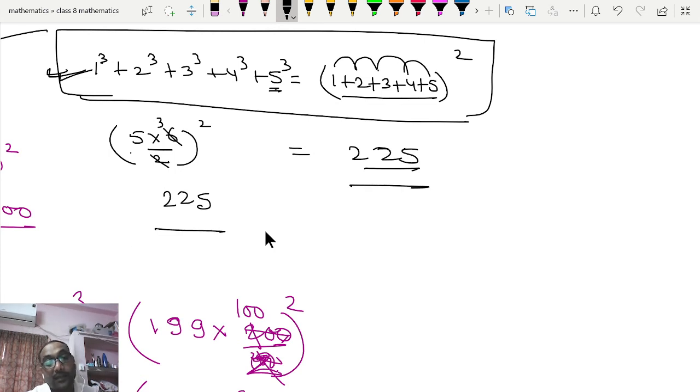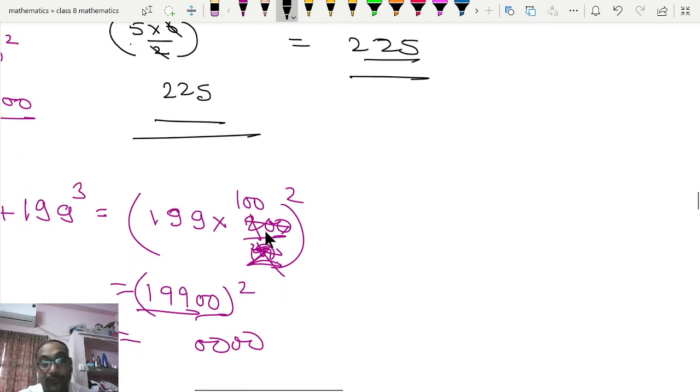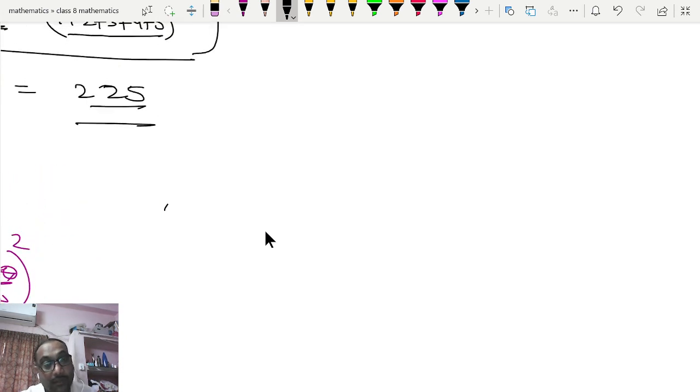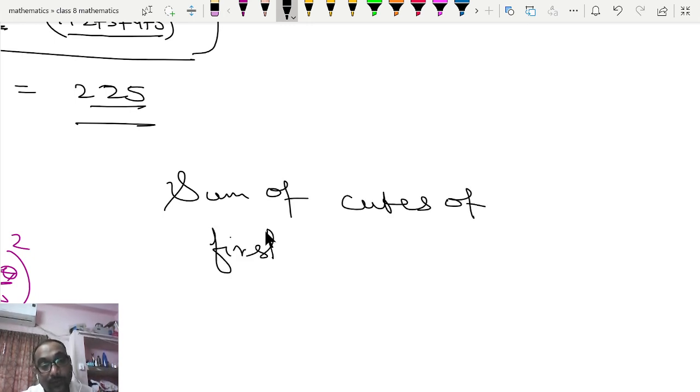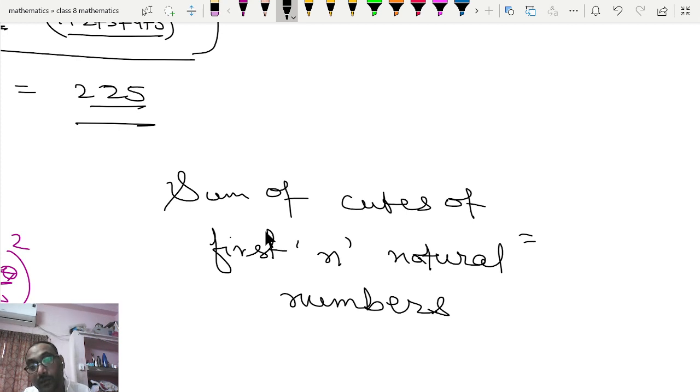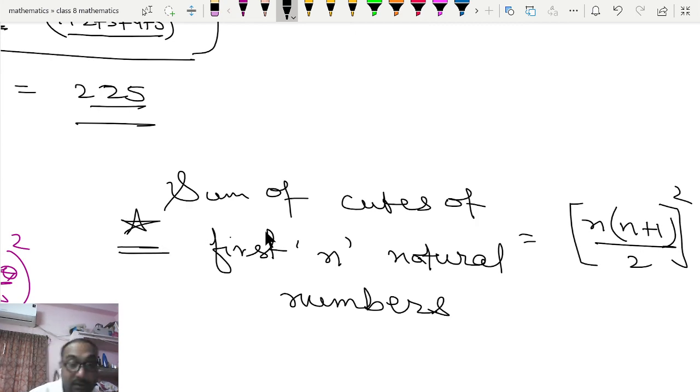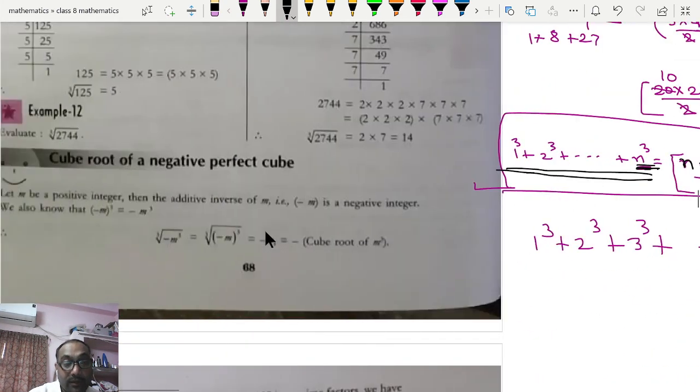So you can find the sum of cubes of the first n natural numbers. The sum of cubes of the first n natural numbers is equal to n into n plus 1, the successor of the number n, and whole square of it. This will be the result. So remember it. Use this formula whenever you require it.